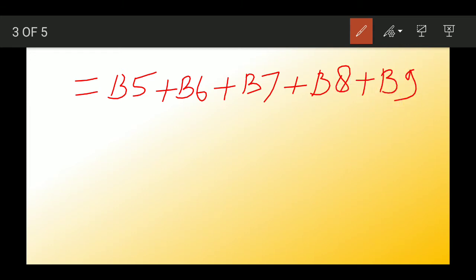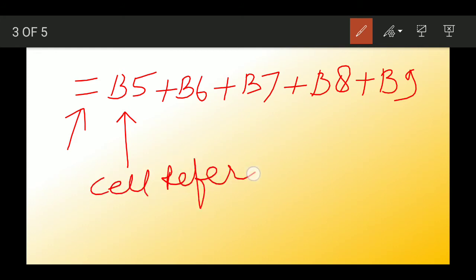Okay, what are these here? What is this equal to symbol? This is the equal symbol, as you know. Here B5 is the cell reference. Similarly, all these B6, B7, B8 and B9 are also cell references.